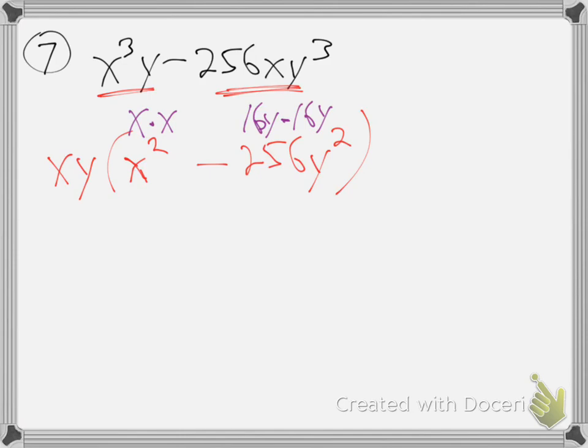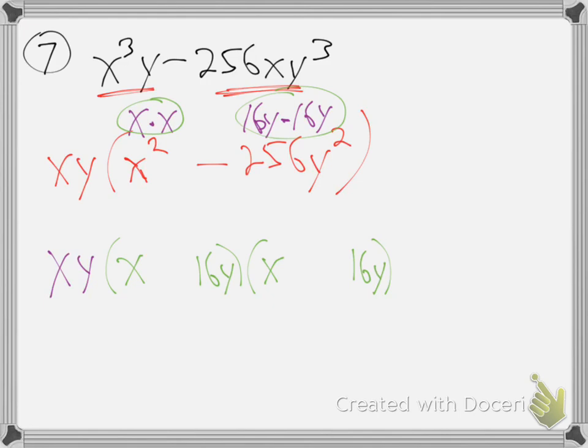So it's double-double. The xy that's in the front just stays there. And then I do my 2 parentheses. And remember how double-double works? The stuff that was on the left goes left, left. The stuff on the right, 16y, 16y, goes right side, right side. And how do they make negative?